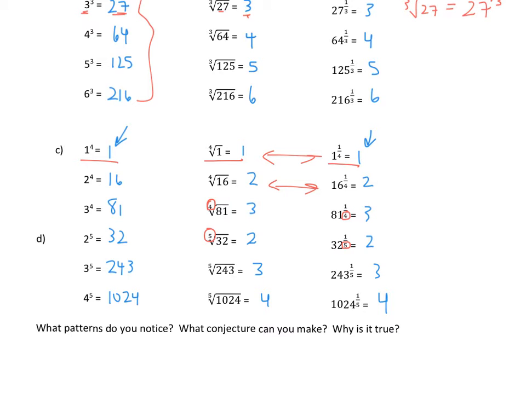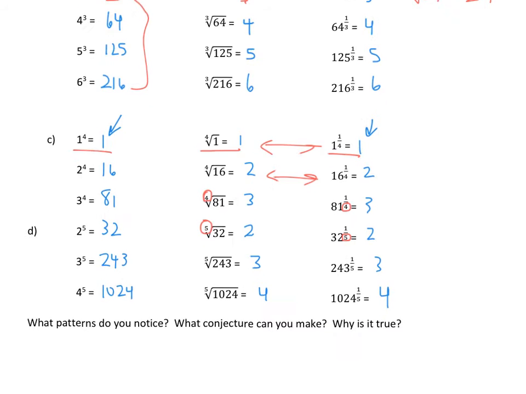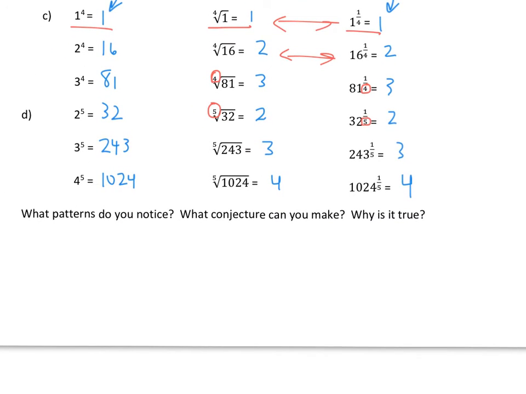Okay, so our pattern, we've talked about the patterns, the conjecture we make is: if we're finding the nth root of a number, I'll just use a as my number, and n is not out in front.